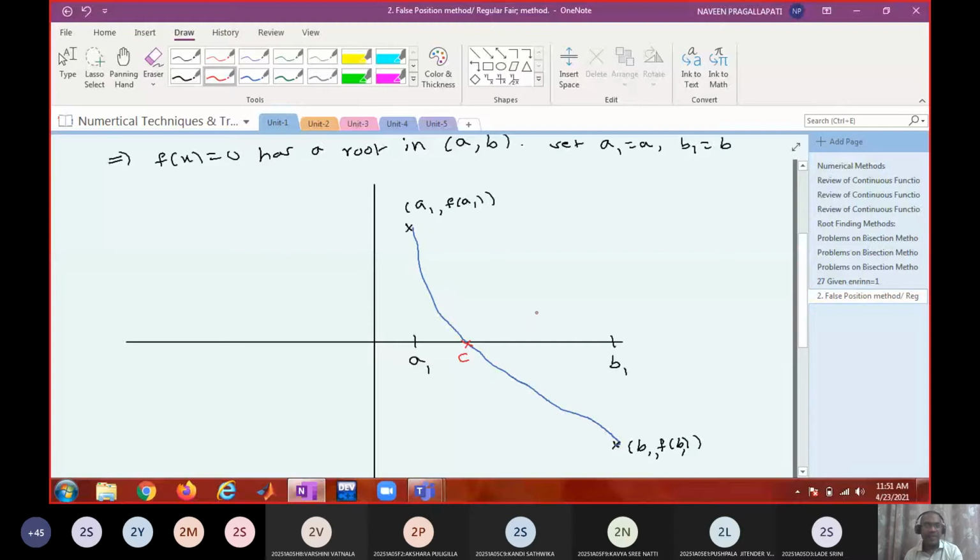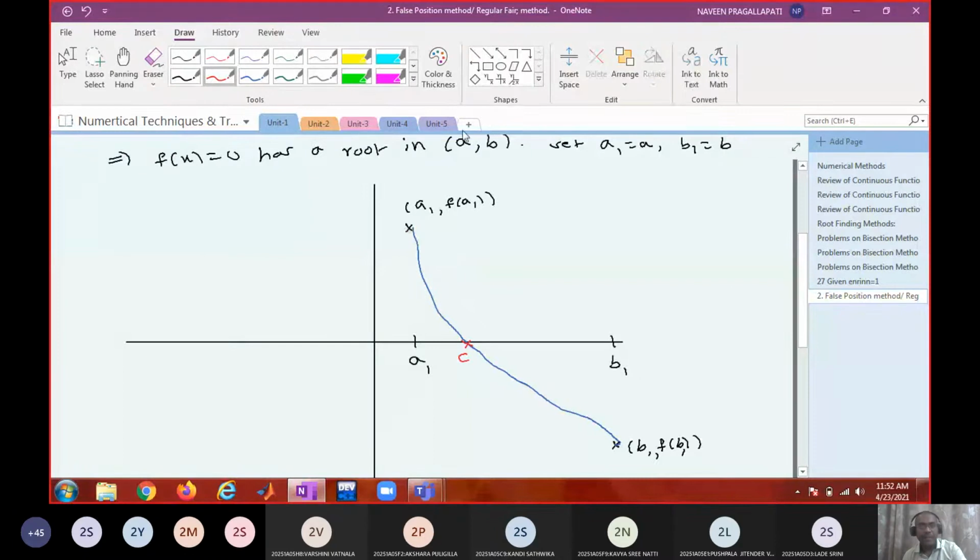Previously you calculated the midpoint of the interval, but here you join the endpoints of the chord. The endpoints of the arc are a1, f of a1 and b1, f of b1. So you join this chord.